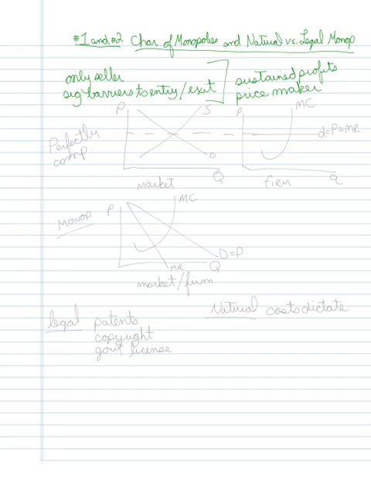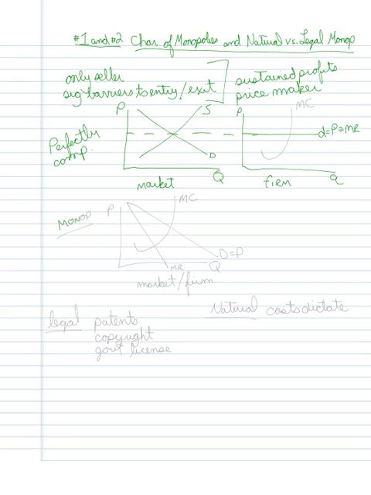If we want to see how this looks, you may remember when we were talking about perfectly competitive, we had demand and supply in the market, and that for the individual firm, they faced a completely horizontal demand curve.